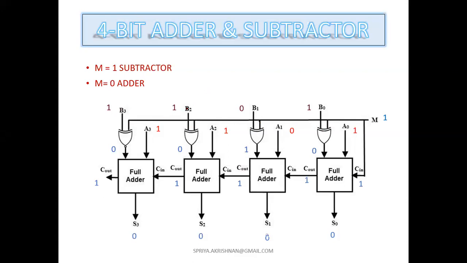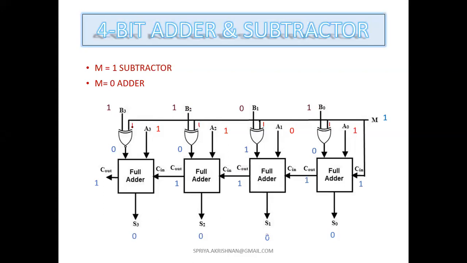1 here, and 0 here, and 1 here. The other input of the XOR gate is M. So everywhere M or 1. So what is M now? M is 1, no? So everywhere I'll get 1, 1, 1.